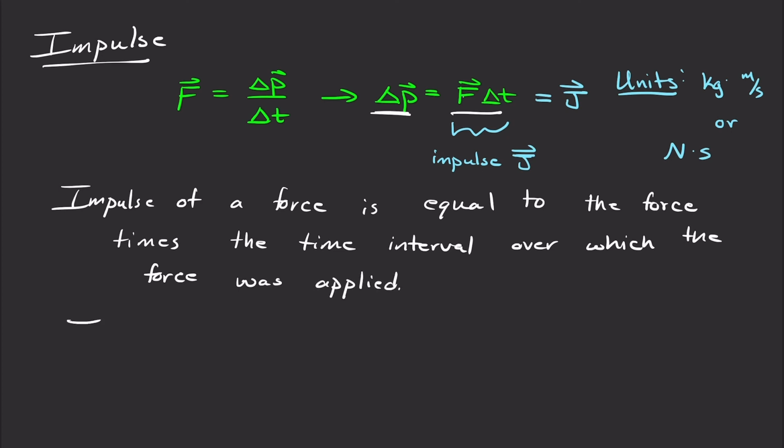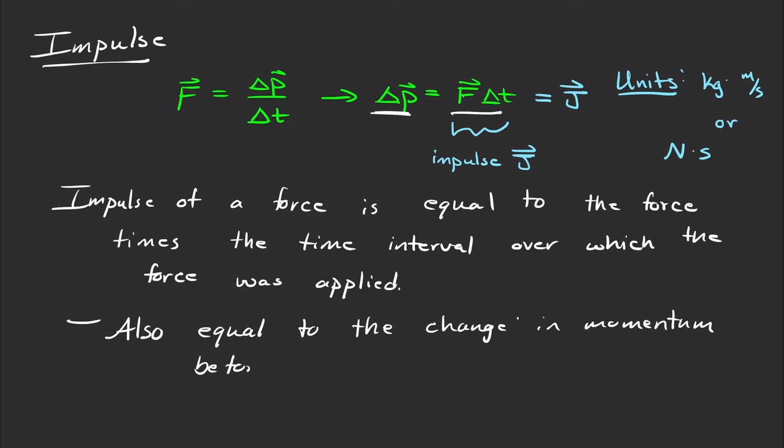Okay? So our definition of impulse is force times this time interval, but we notice it is also equal to the change in momentum, so the change in momentum of the object that the force was acting on, before and after.